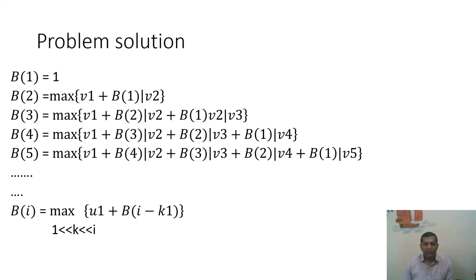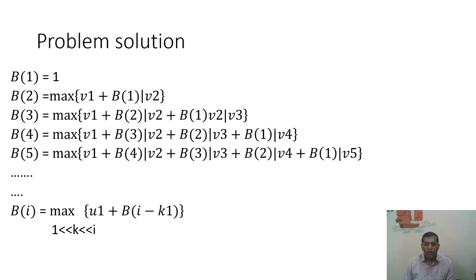The same will continue for a rod length of N. So this we can achieve: the maximum benefit for the final value B of rod length N. For solving this, we can write an optimal substructure like this.